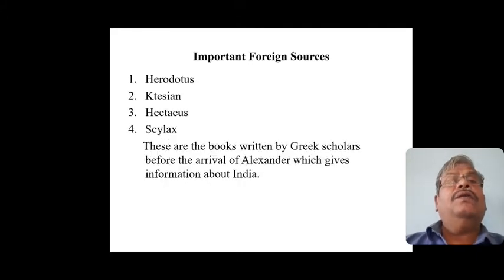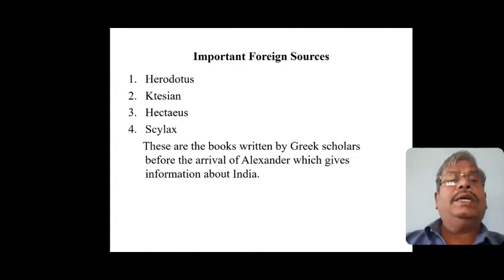Now let us see which were those foreign literary sources. Before the invasion of Alexander, there were four great scholars who mentioned India in their books. They were Herodotus. Herodotus is known as the father of history. He was a Greek historian. Tennyson, he was also a great scholar who mentioned India. Hecataeus and Scylax.